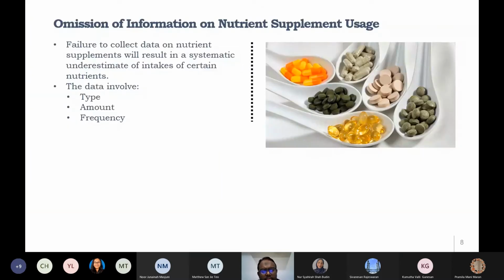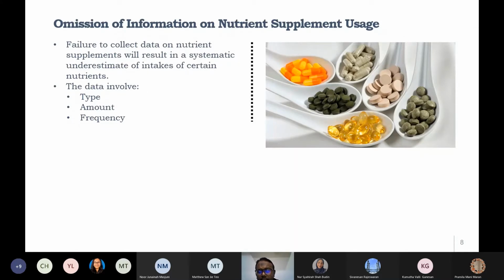The fifth one is omission of information on nutrient supplement usage. So some of the nutrient supplements actually contribute a lot to the nutrient intake, but not calorie. So failure to collect data on nutrient supplements leads to systematic underestimate of certain nutrients.